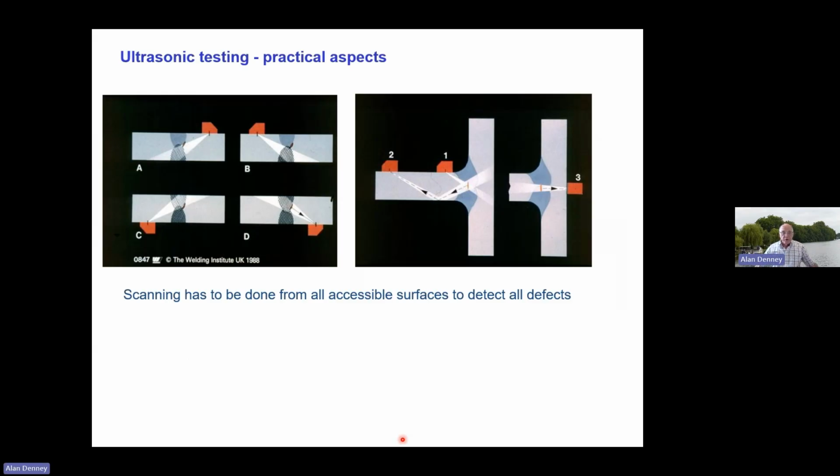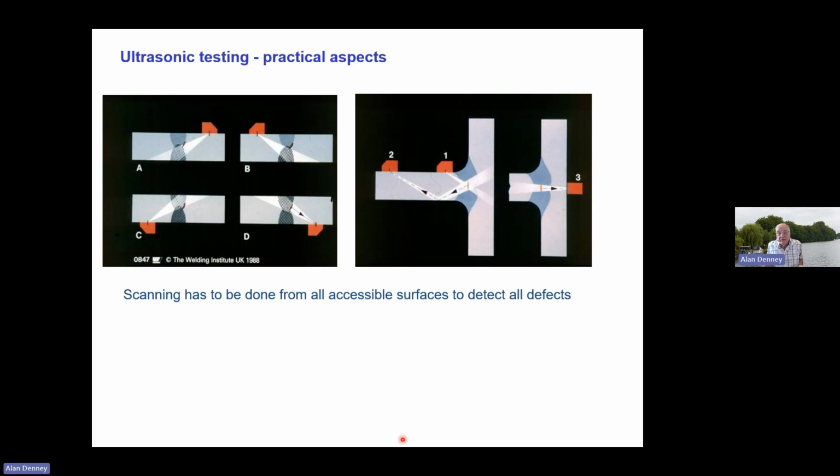Practical aspects of UT. Well, again, think about your torch beam and think about the orientation of weld defects, where weld defects will lie. And you can understand that your torch beam or your UT beam will miss defects or will show them at different amplitudes, depending on their position.